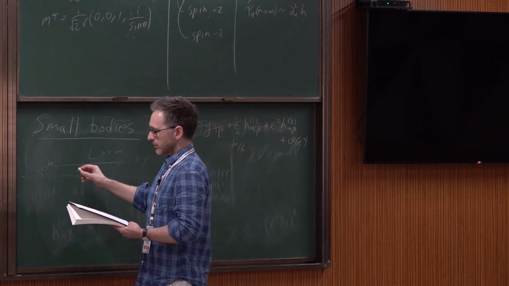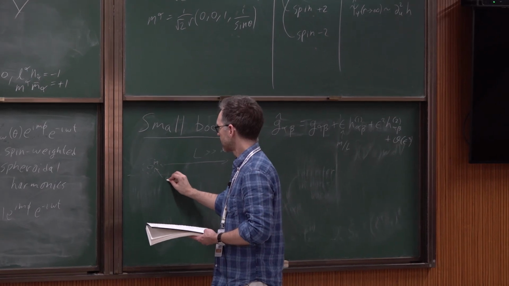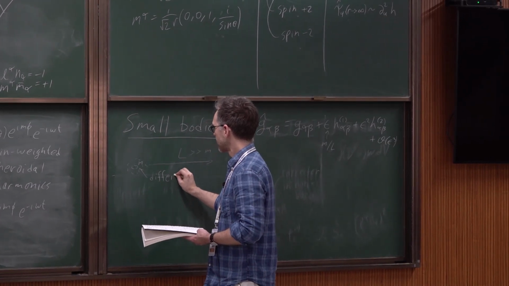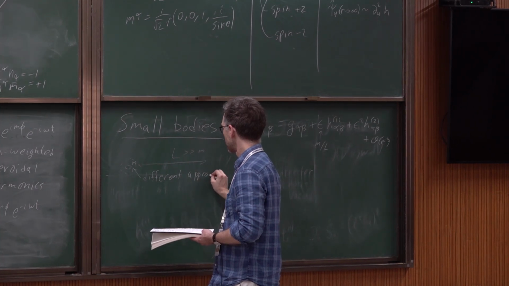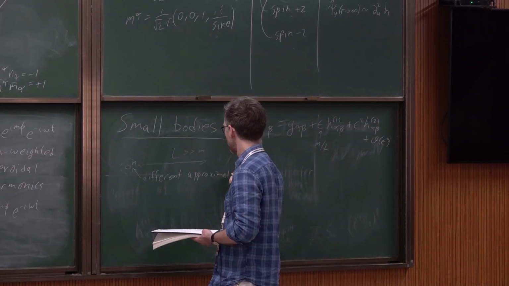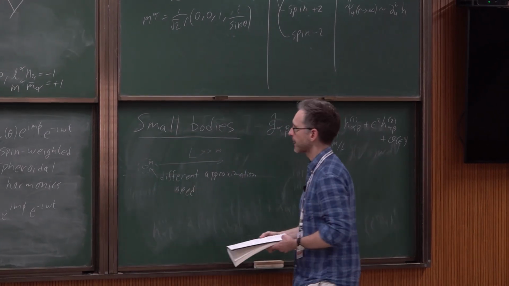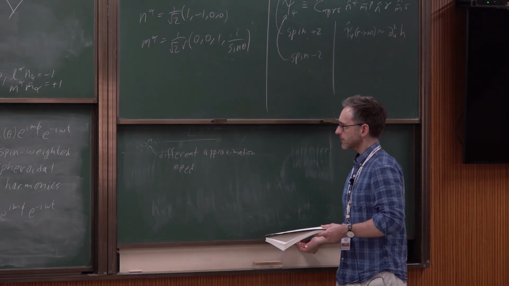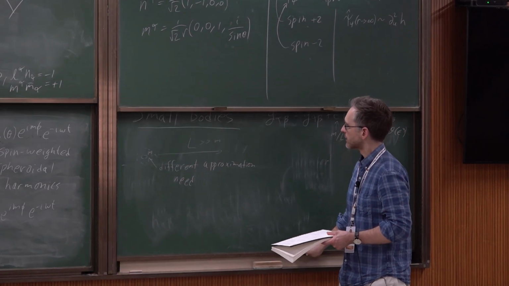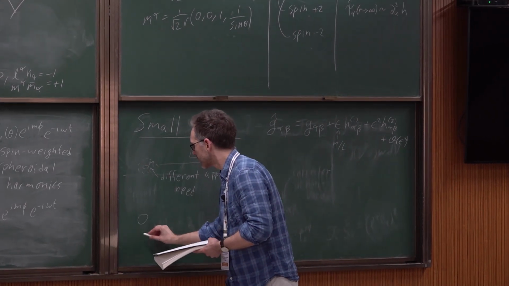So what we want to do is use a different approximation here. We need a different approximation in a small region. Let me keep this down and draw the example of an EMRI.